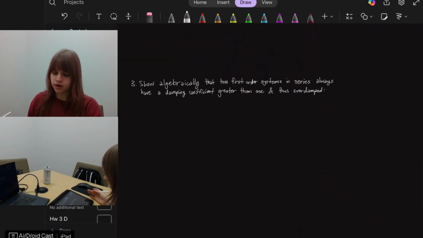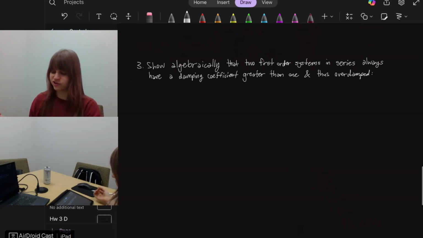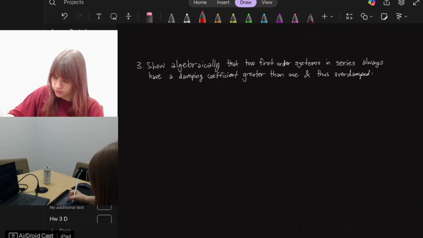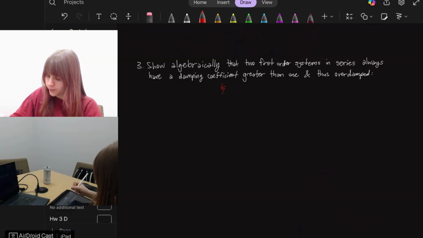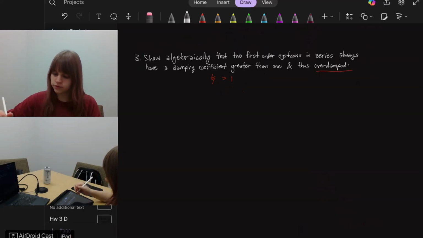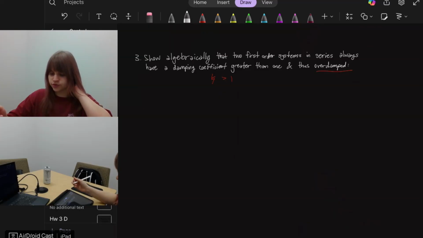So one thing we want to do in this video is to show algebraically that two first order systems that are in series will always have a damping coefficient, our zeta, greater than 1 and is overdamped. For ease of showing this, I'm going to do two first order transfer functions.